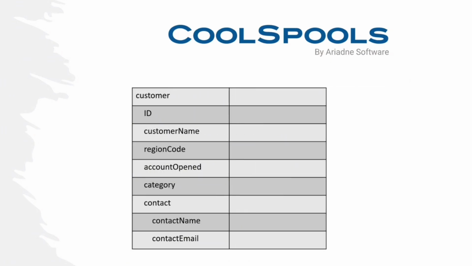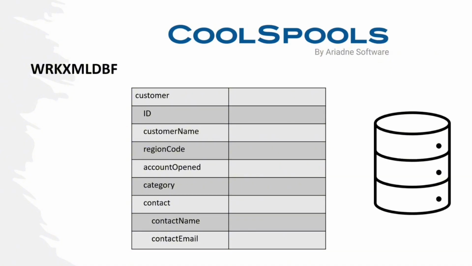We can now use the WRKXMLDBF command to start populating the empty map with the database mapping details. This tells CoolSpools how each of the elements and attributes maps into the database. So whenever we encounter a customer element, that tells CoolSpools that we need to add a record to the database table CUMASTER.